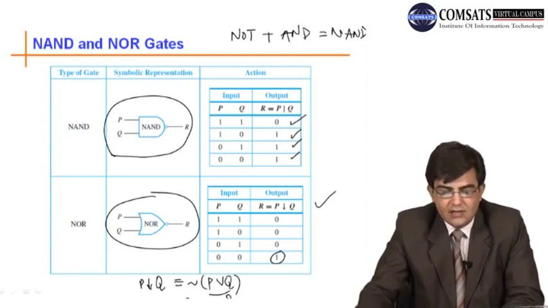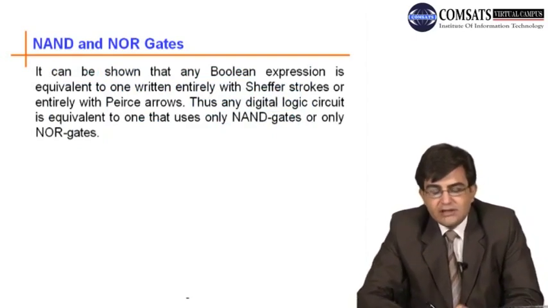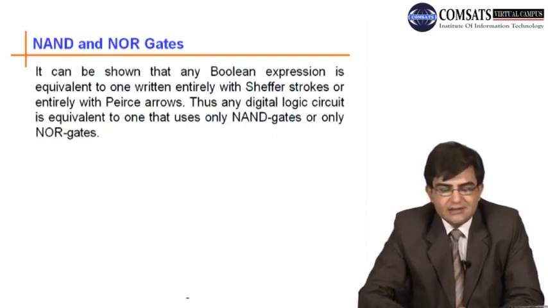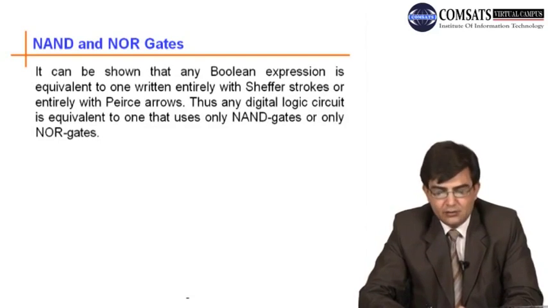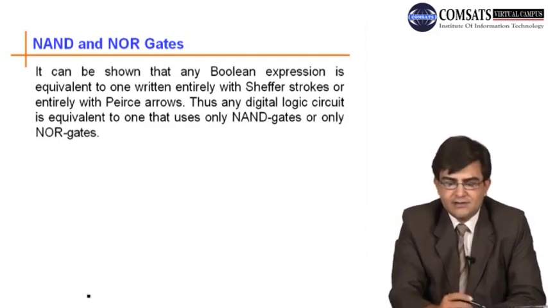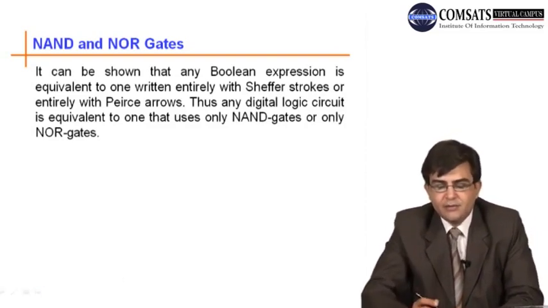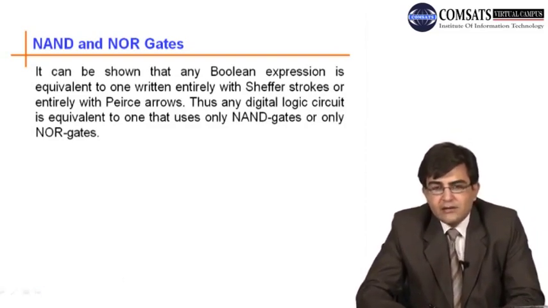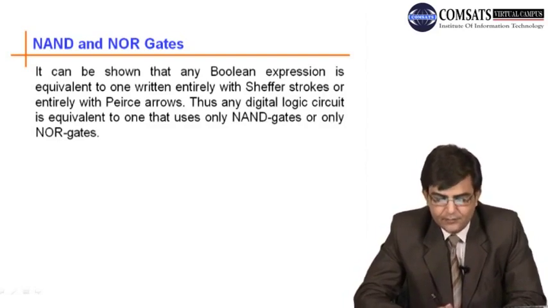Now it can be shown that any Boolean expression is equivalent to one written entirely with Sheffer strokes or entirely with Pierce arrows. That is, we can write any Boolean expression by only using Sheffer strokes or by only using Pierce arrows.